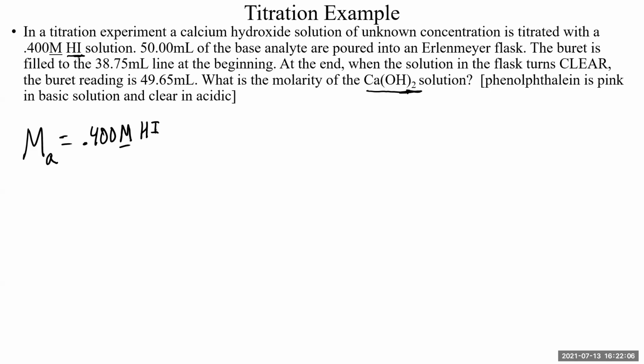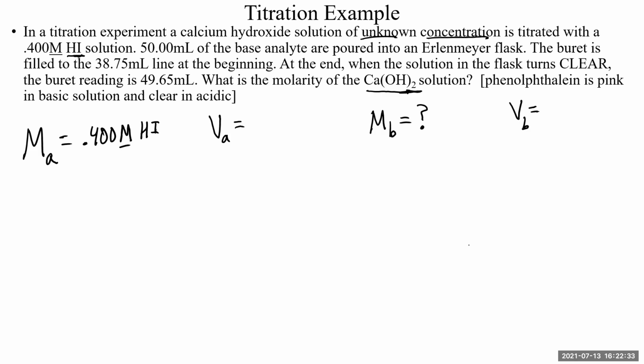Our molarity is given to us for the acid solution. Okay, let's see, volume of acid, let's see, 50 milliliters of the base. Okay, I don't know yet, so I have to keep reading, but let's see, molarity, MaVa, MB, and then VB. Well, clearly we're not gonna know, since it says unknown concentration of this base, we're just gonna put a question mark there. We can't possibly know that yet.